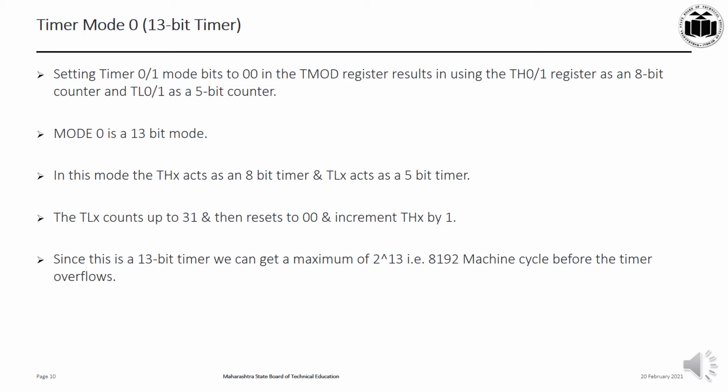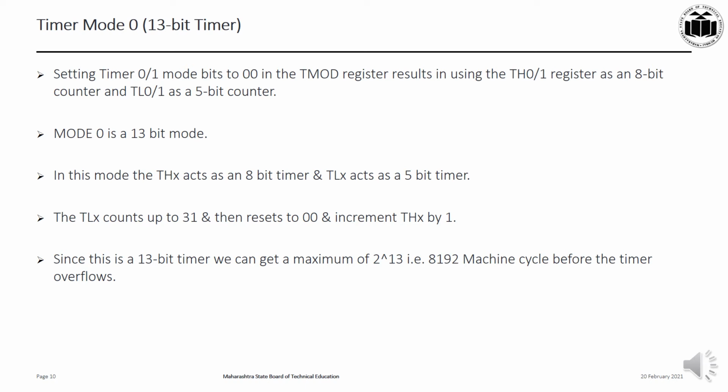So TL acts as a 5-bit timer, whereas TH acts as an 8-bit timer. As 5 bits of TL are used, the total count value that can be loaded into TL will be 31, as we start counting from 0.